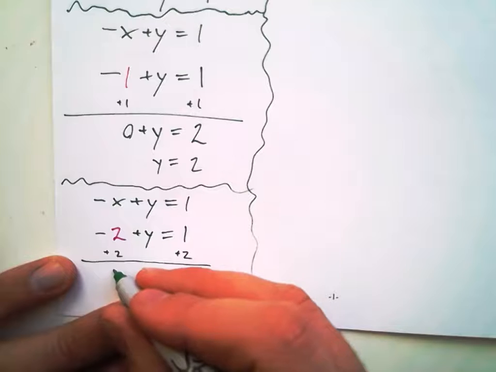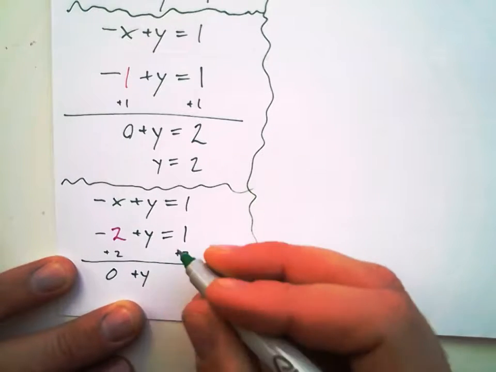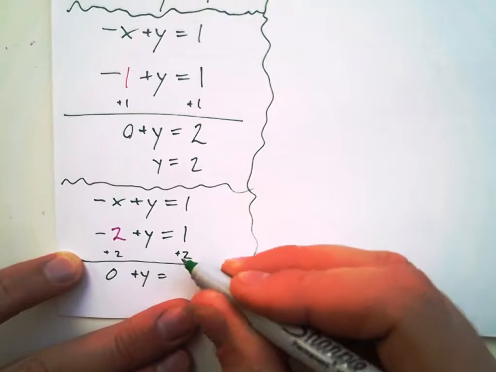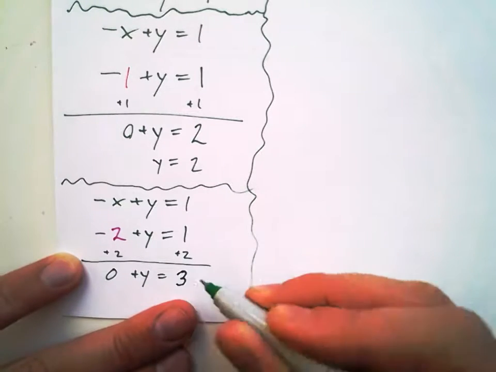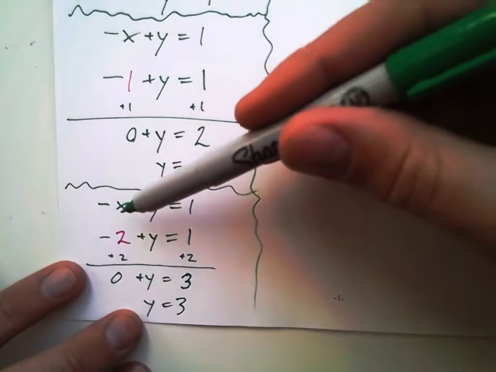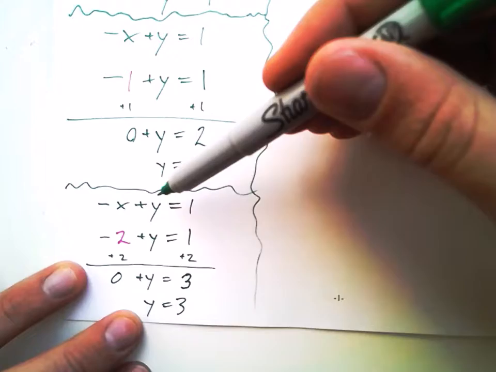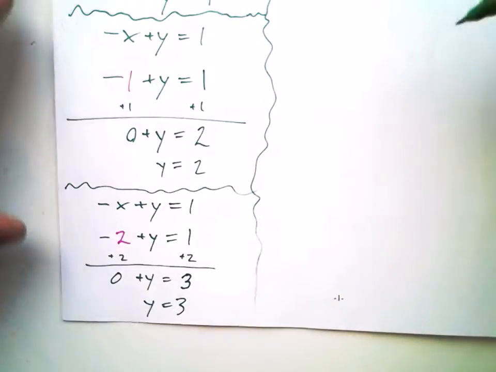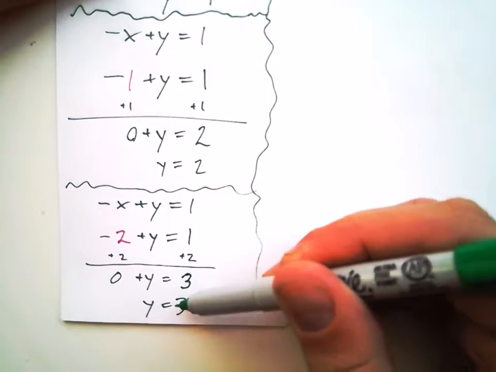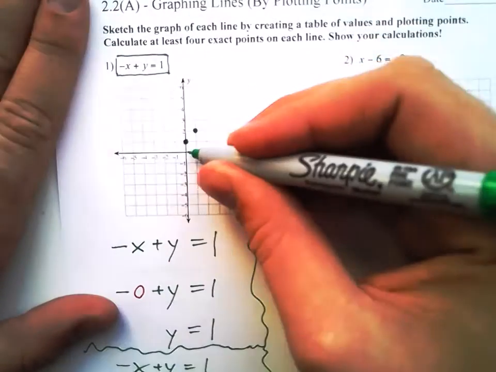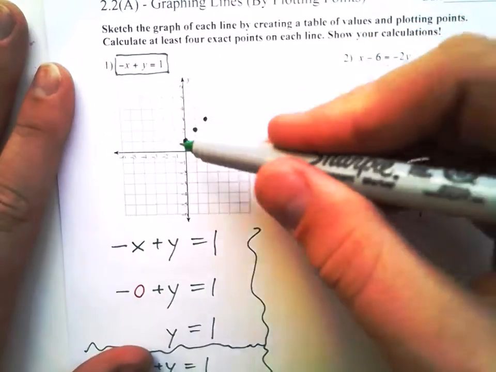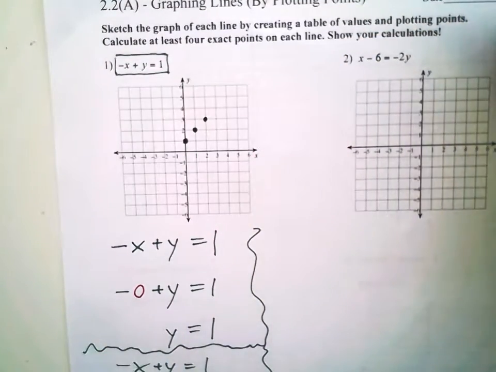Negative 2 plus 2 is 0. y plus nothing is y. And 1 plus 2 is 3. So y equals 3. When x is 2, this equation gives us y equals 3. So we're going to go to x is 2 and find y is 3. And you can see how the line's going from those 3 points.